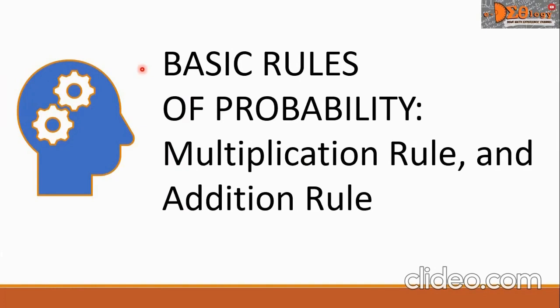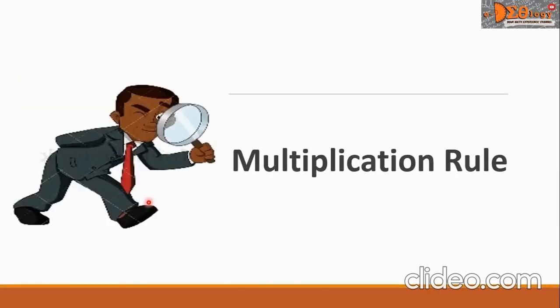Hi everyone. In this video, we are going to study basic rules of probability. The first one is multiplication rule, and the second is addition rule. Let's begin with multiplication rule.